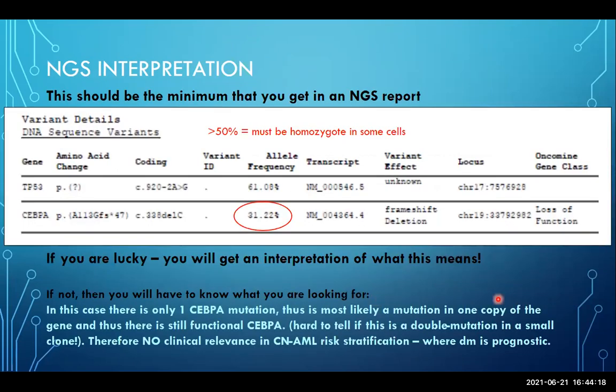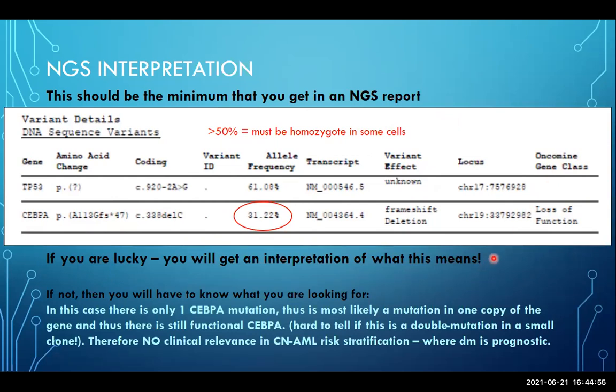I'm not going to pretend I'm an expert on this, but this is the minimum that you should get in an NGS report: the gene of interest, the amino acid and nucleotide change, the allele frequency, which is very important. If it's more than 50%, that would mean it's got to be homozygous in some cells at least. And then whether or not there is any clinical significance.